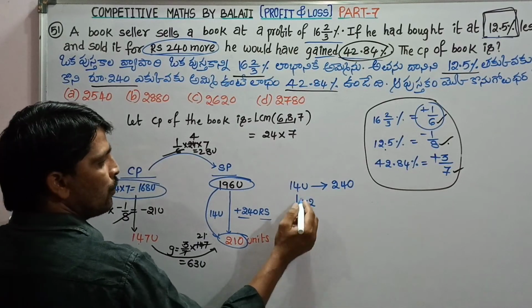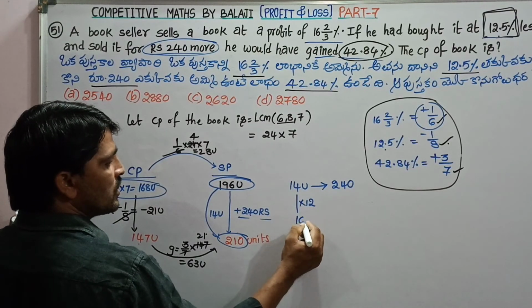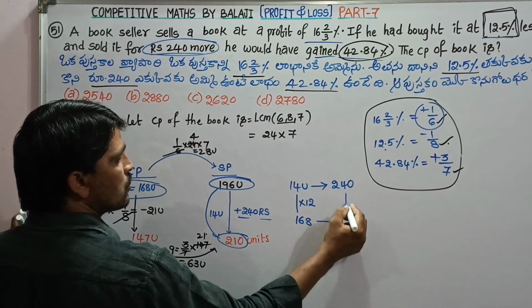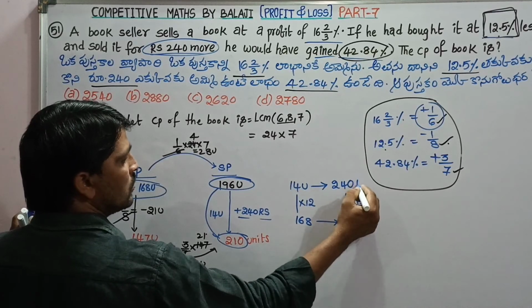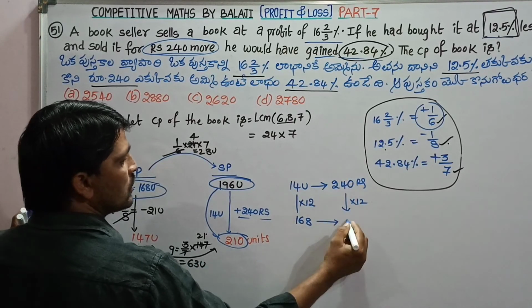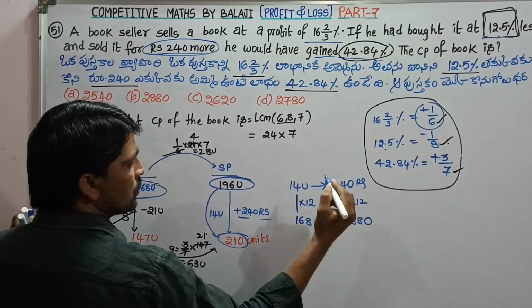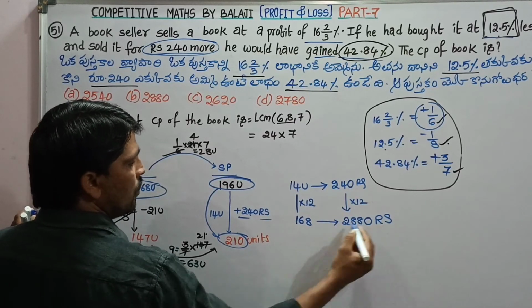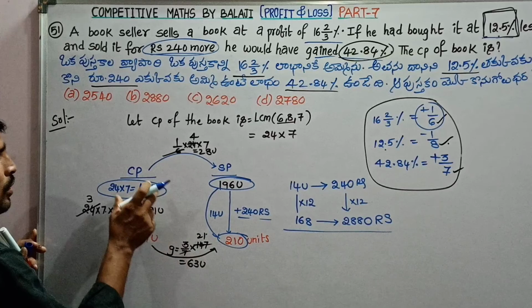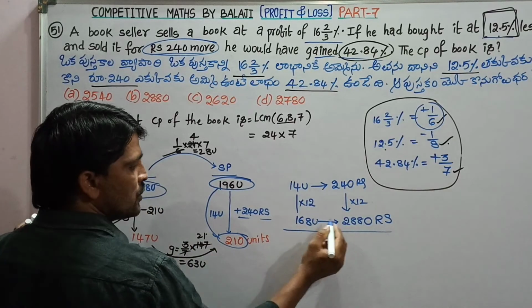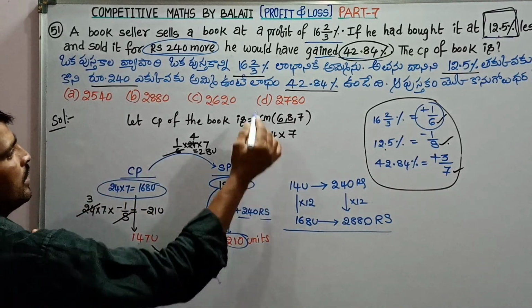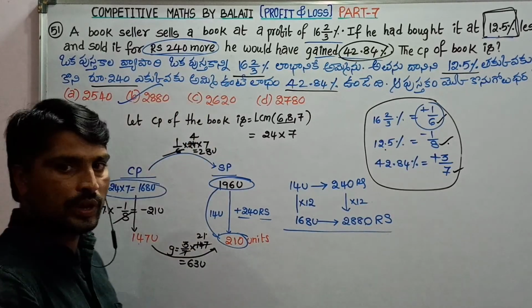So 14 12s are 168. So here also multiply by 12. These are rupees. 12 24s are 288 and 12 zeros are zero. So the cost price of the book, 168 units, is equal to 2880. So the answer is B.